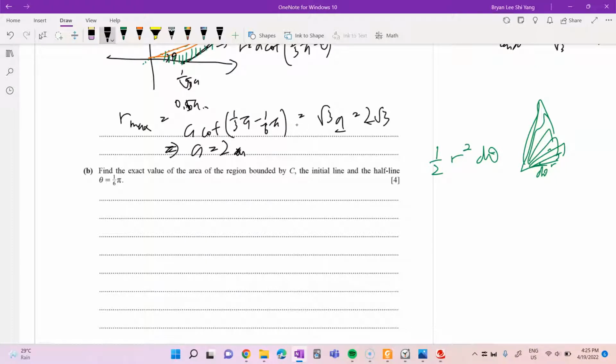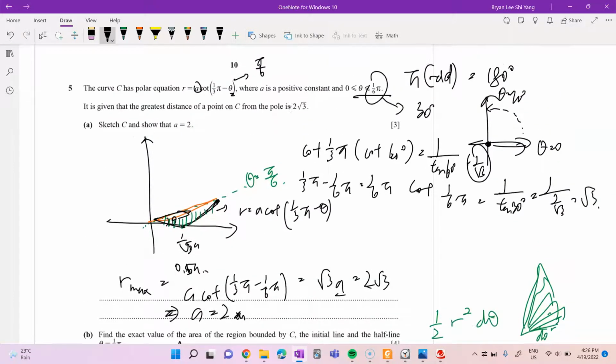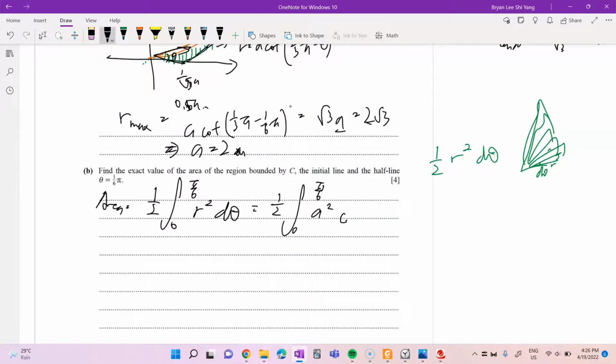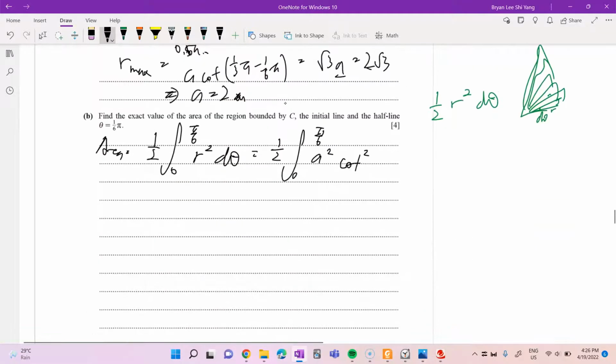So we have area equals half the integral from 0 to π/6, because this is the lower limit and this is the upper limit, of r squared dθ. That is half the integral from 0 to π/6 of a squared cot squared(π/3 − θ) dθ.